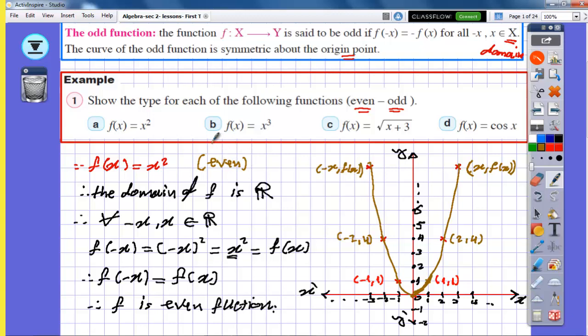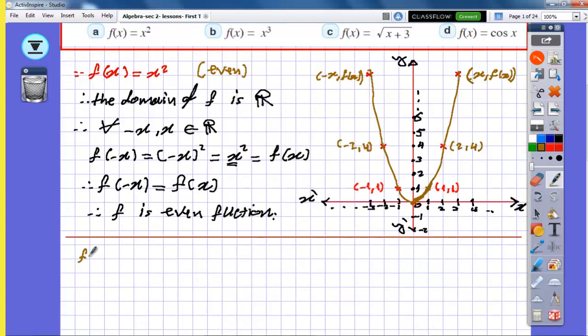With respect to the function f of x equals x to the power 3, the domain equals R, because f of x is a polynomial.